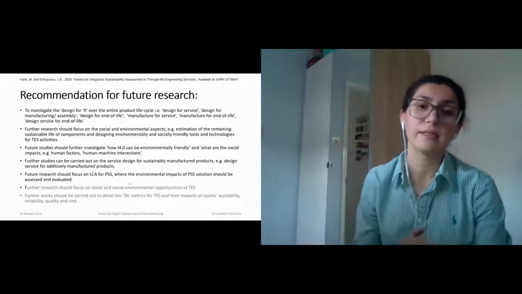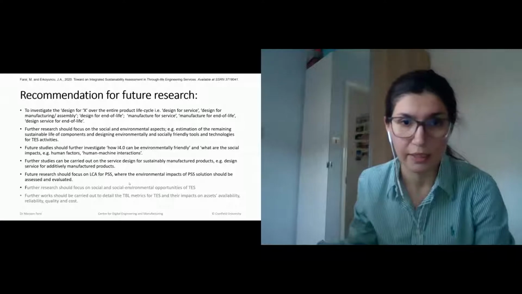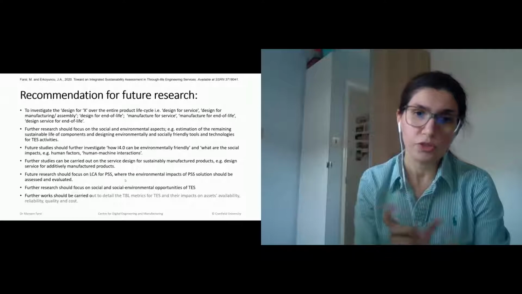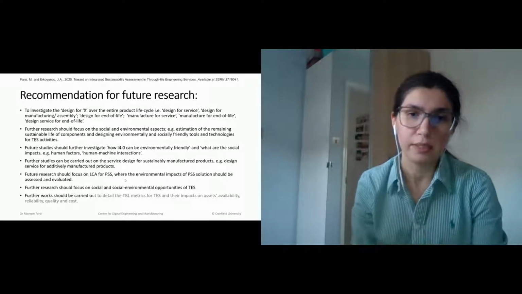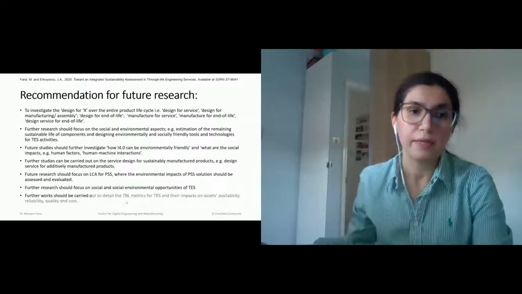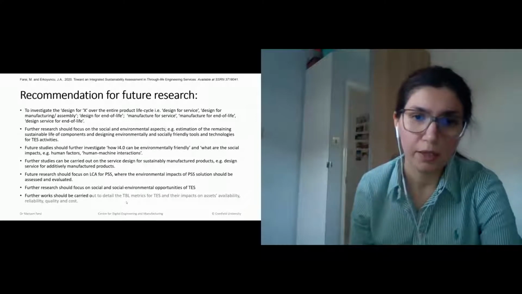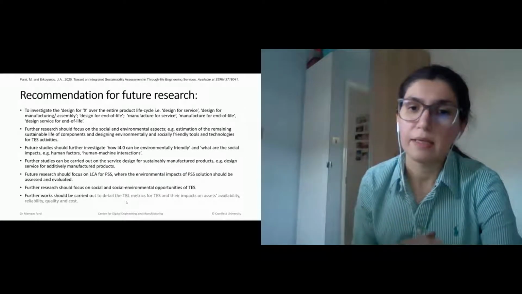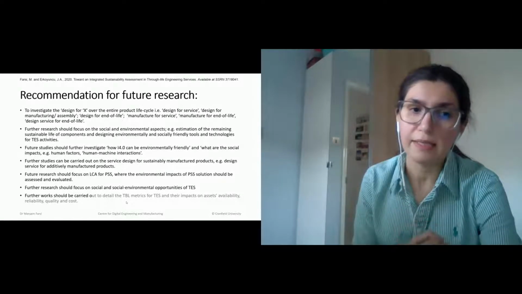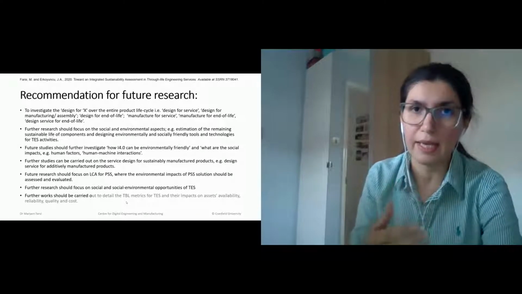And also looking at the life cycle assessment when it comes to the PSS and servitization, and also looking at the correlation between the social and environmental opportunities in TESS. And of course, at the end, we can also carry out more research around the triple bottom line metrics in TESS with a view to evaluate their impact on the asset availability, reliability, quality, and cost, which is really the aim of TESS.